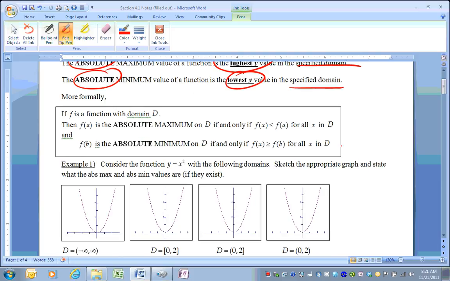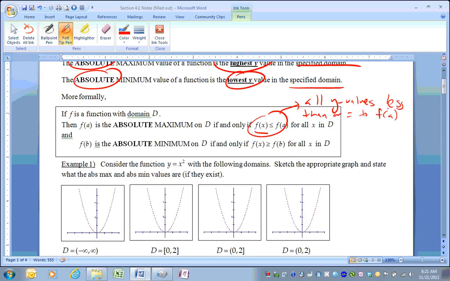So if you have domain D, f of a would be the absolute maximum if all y values are less than or equal to f of a.